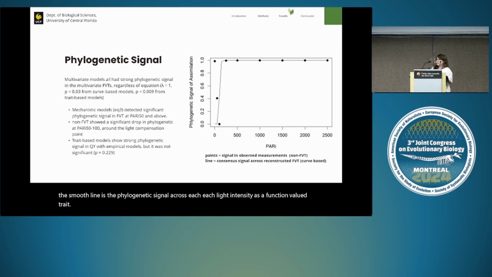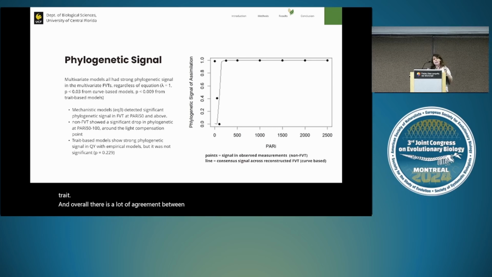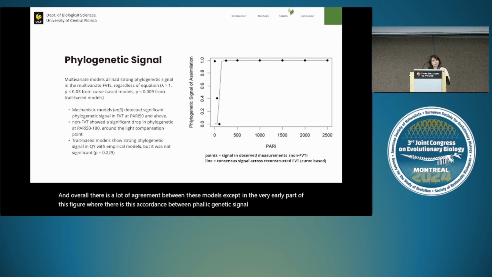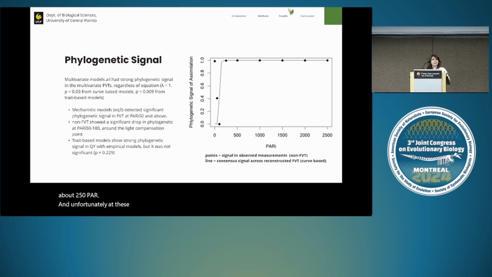And overall, there is a lot of agreement between these models, except in the very early part of this figure where there is discordance in phylogenetic signal between 0 and about 250 PAR. And unfortunately, at these light intensities, that's where we see some of the most evolutionarily labile traits, being basal metabolic rate and the light compensation point.